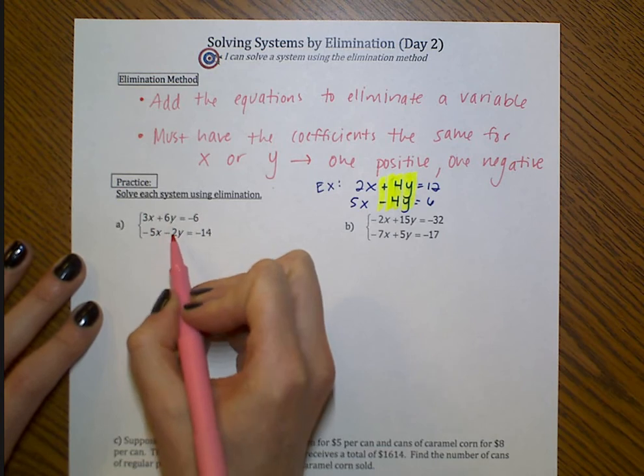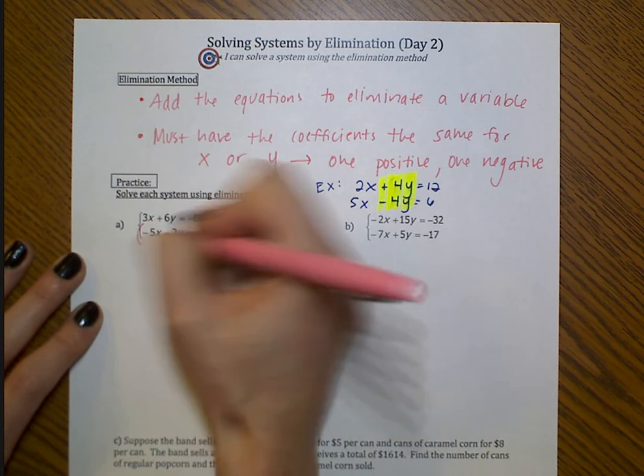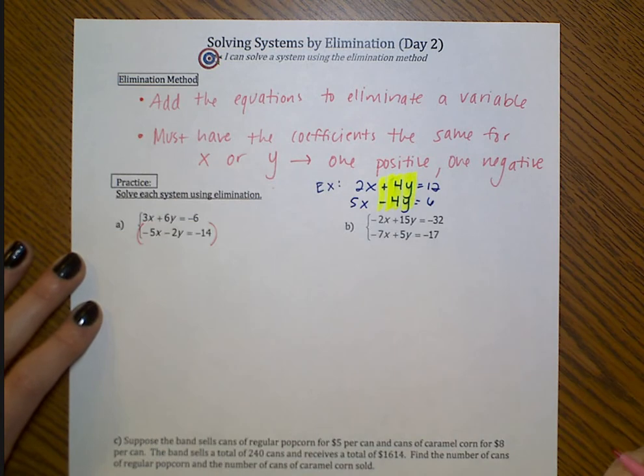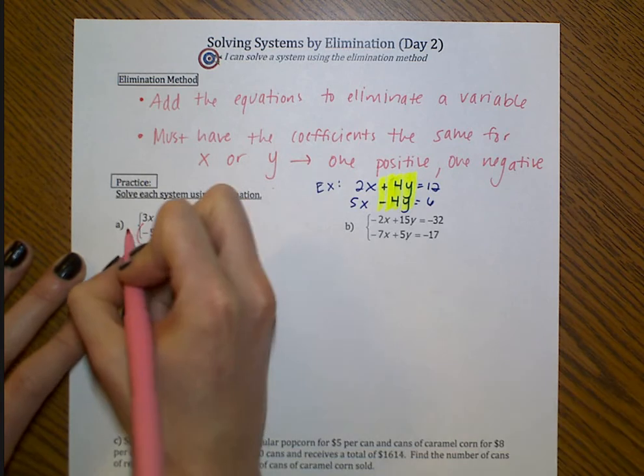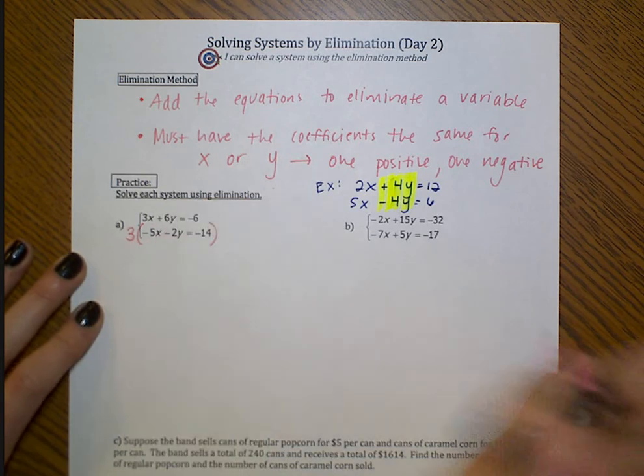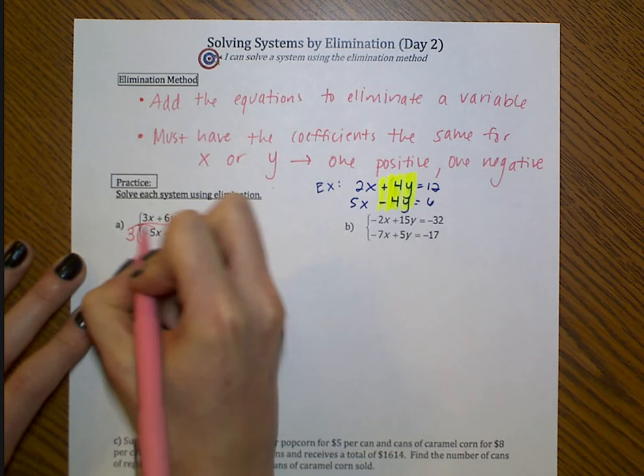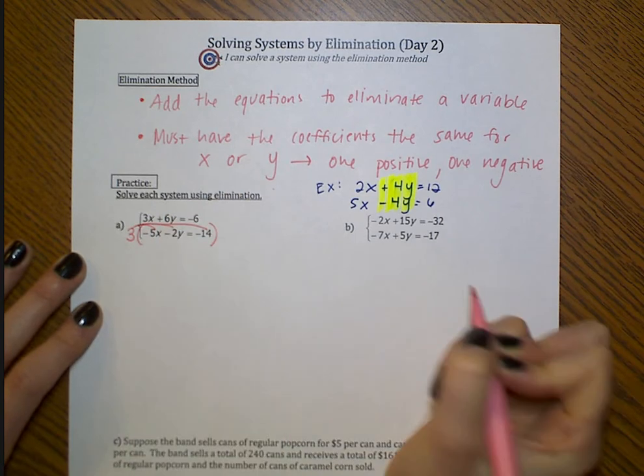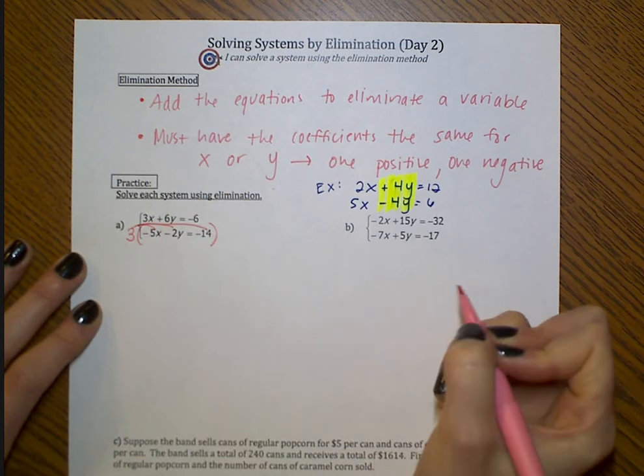So that's exactly what I want to do. So I'm going to put the entire second equation that I'm changing in parentheses, and I'm going to put a 3 out front. Okay, I want to multiply all 3 parts by 3. You have to multiply all 3.